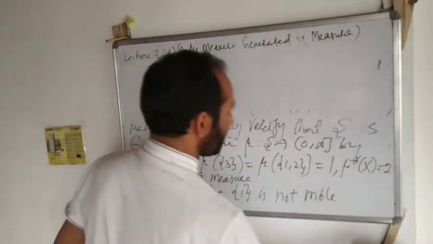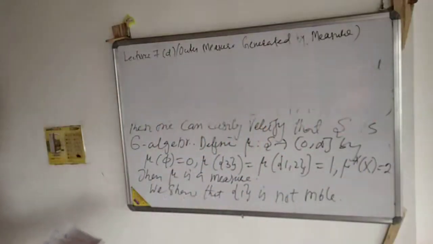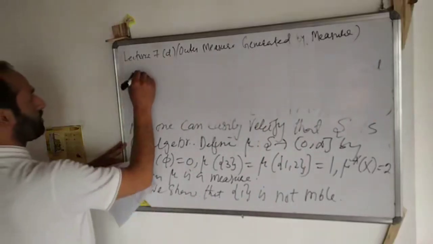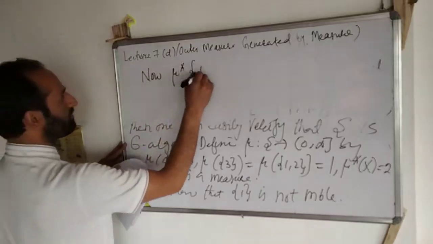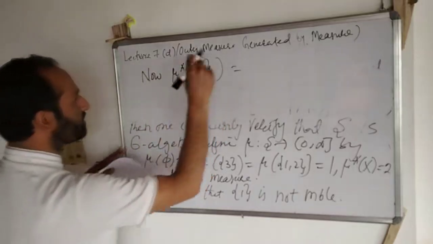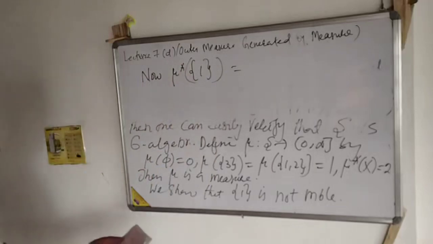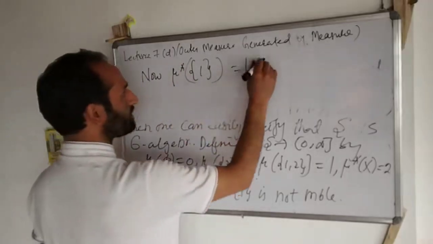For this, we first calculate the outer measure of certain sets. Now we calculate the outer measure of {1} first. The outer measure of {1} is the infimum over all the covers, and you can see that it's equal to 1.